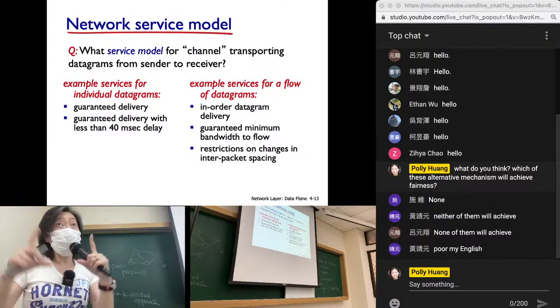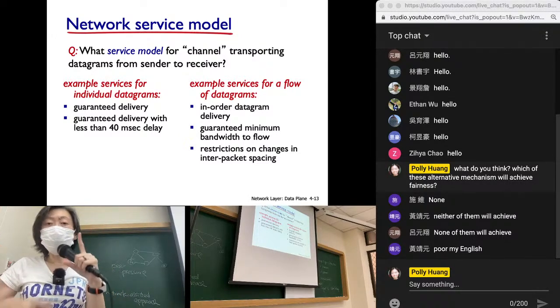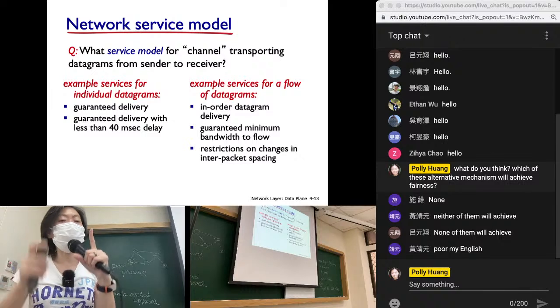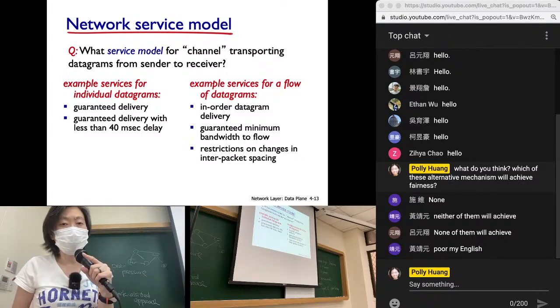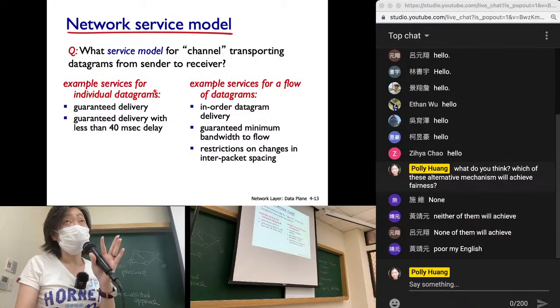Now, even within, for example, a connection-oriented network, one can set up services at different granularity. So for example, if we are establishing a connection or establishing a channel, we can try to design the transfer of the data such that it guarantees different things. For example, one can guarantee the transmission of individual datagrams.